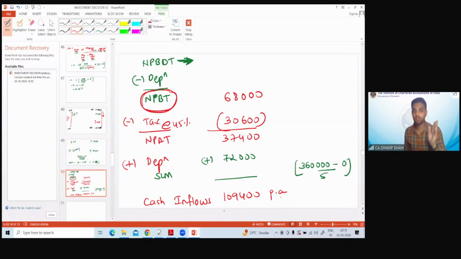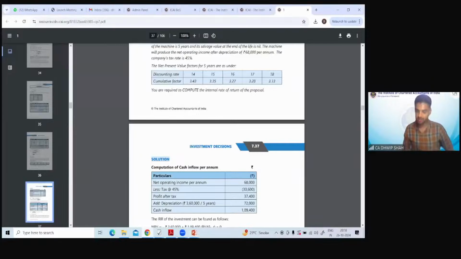This is now a constant stream of cash inflows per annum. So for year 1 also it is 109,400. For year 5 also it is 109,400. So can I say we can directly use PVF and calculate NPV? We can directly use that. And see friends, in the question also they have given the PVF factor. See, when the discounting rate is 14%, the cumulative factor is 3.43.